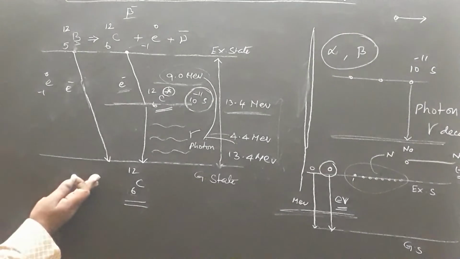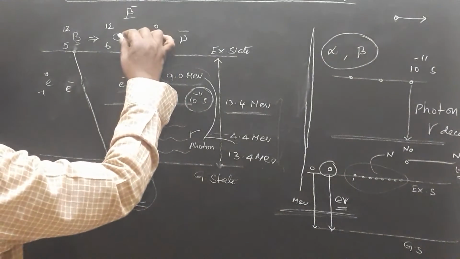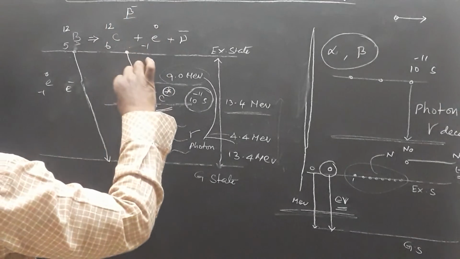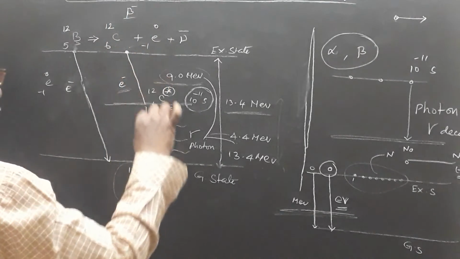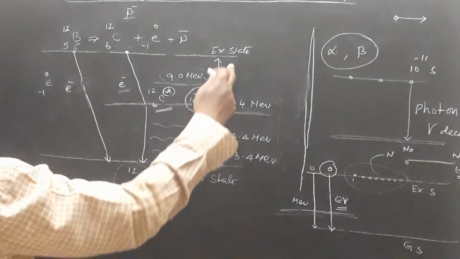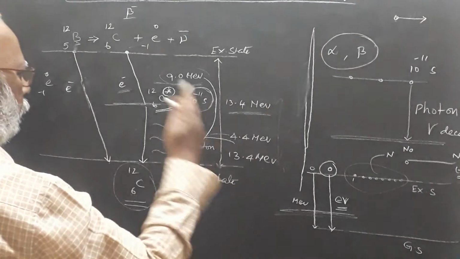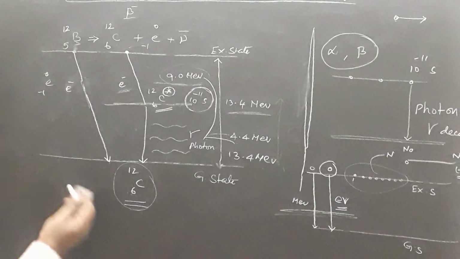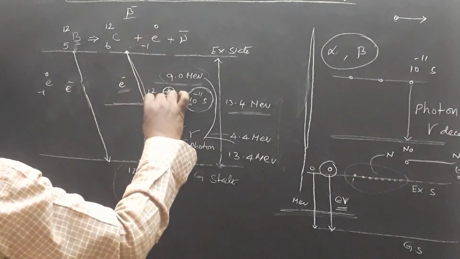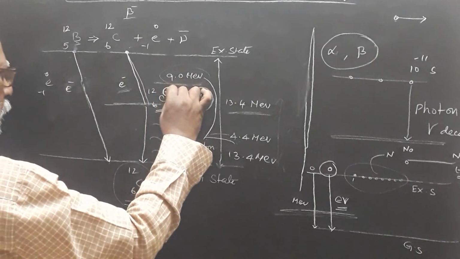In the ground state it is stable. In the excited state it is unstable. The unstable nucleus emits an electron and does not come straight to the ground state. The amount of energy radiated is 13.4 million electron volt. In other words, in the second way, it emitted the carbon isotope in the excited state.